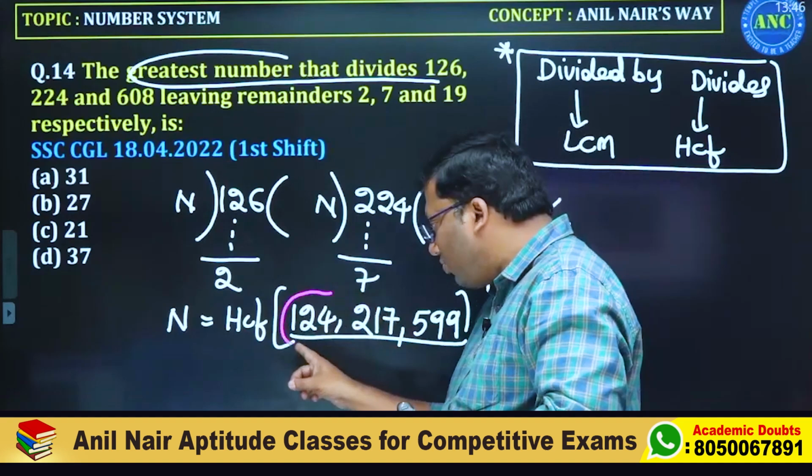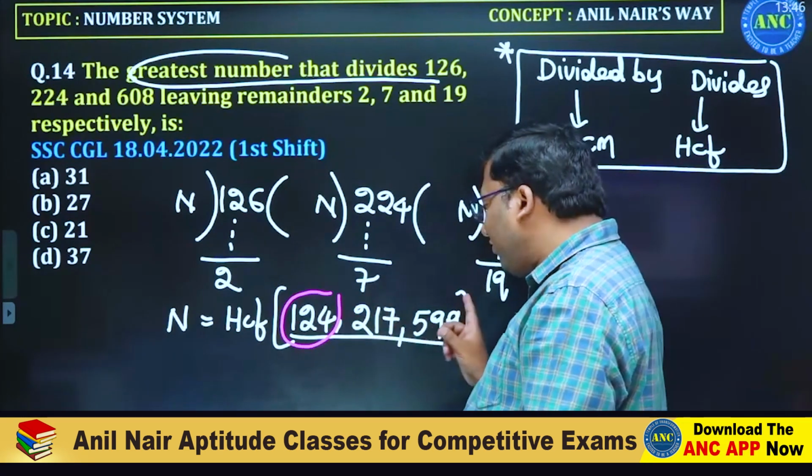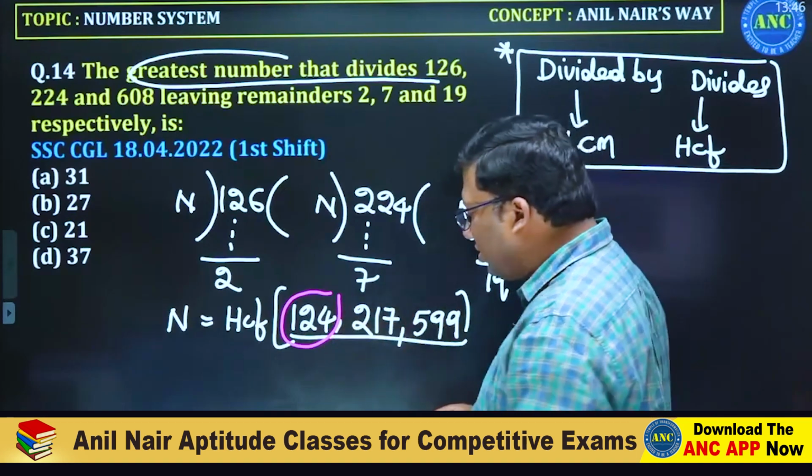Whenever we are doing HCF, our entire concentration is on the smallest number. The smallest number is 124. 124 should be a factor of every number. 124 twos are 248, no, it is not.